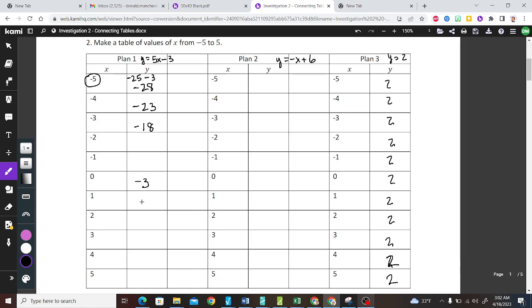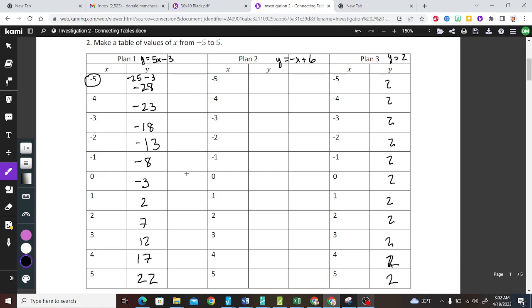That means from here, I add 5. So that gives me 2, 7, 12, 17, then 22. Now, if you saw that, great. If you didn't, then you're plugging numbers in each and every time. But by the way, if you started here and went backwards, you know that this is negative 8 and this is negative 13.